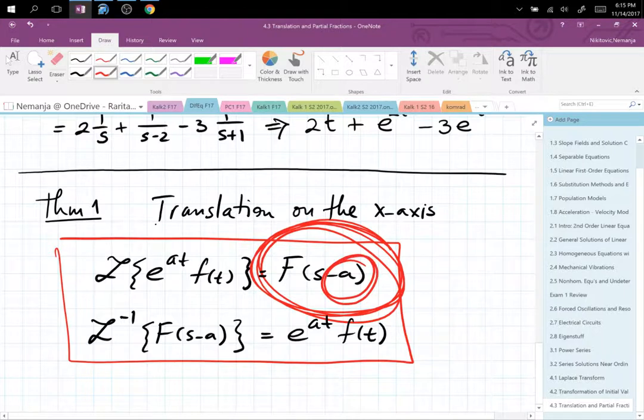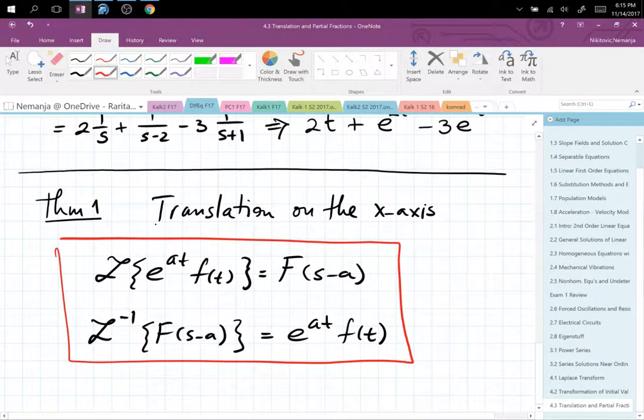This is the piece which says it's the translation, because you move it a units either left or right, depending on whether a is positive or negative. So s minus a in Laplace transform translates into e to the at times f of t. And then you have the inverse immediately if you just read it backwards. You can apply inverse Laplace on both sides, and you get the formula on the bottom because Laplace and inverse Laplace cancel. So that takes care of these.